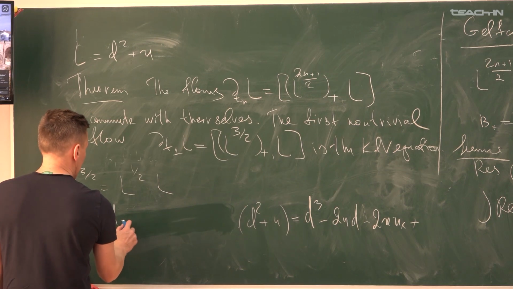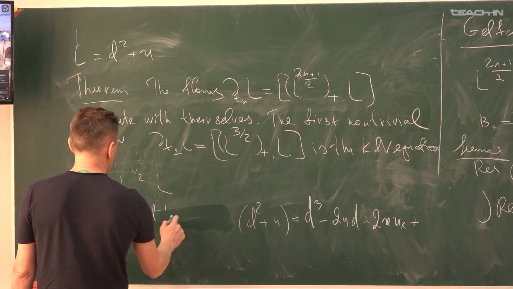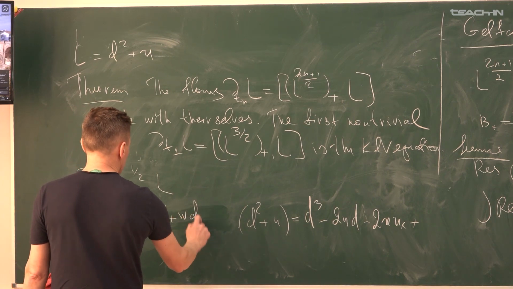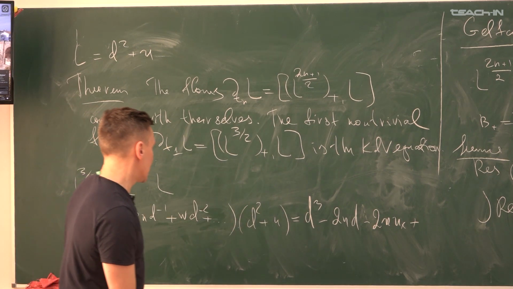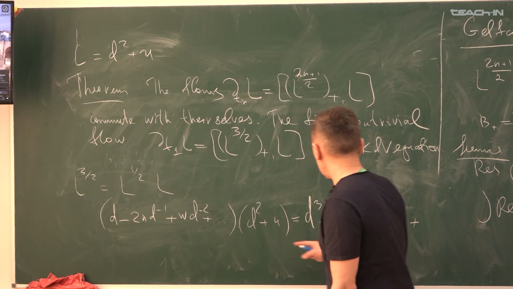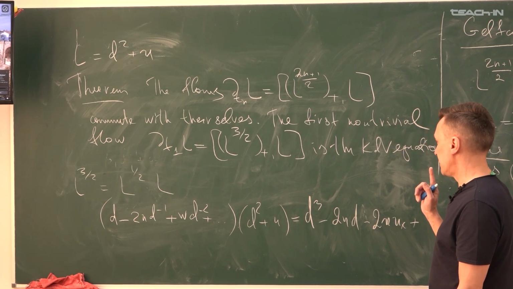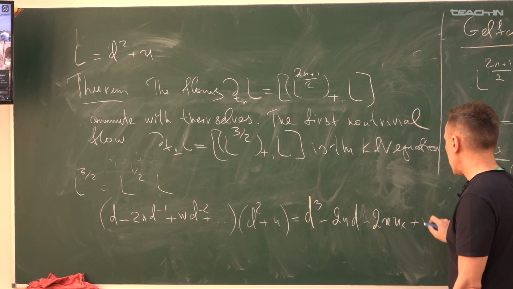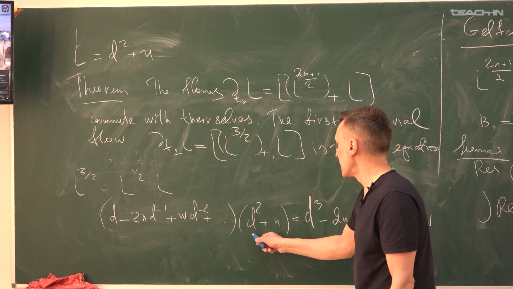d minus 2u d^(-1) plus w d^(-2). So here we get plus w by this term, just by multiplication.